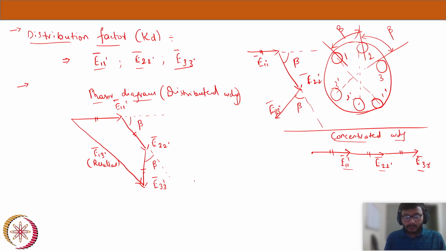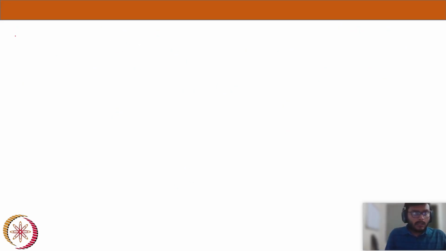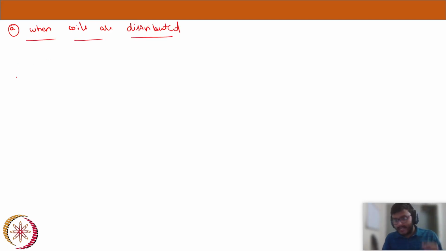Now let's see quickly. Case A, when coils are distributed. The coils are connected in series only.